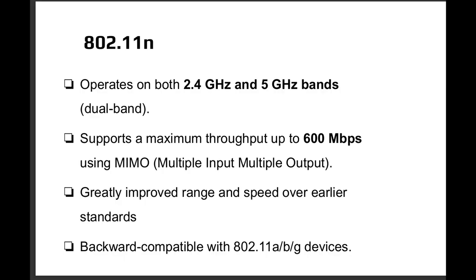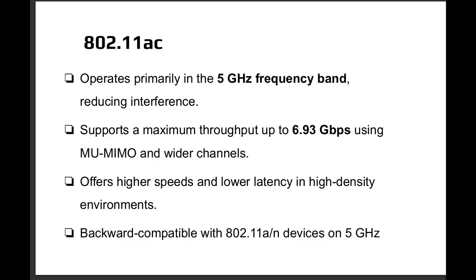The next standard is Wi-Fi 5, or 802.11ac. AC operates exclusively in the 5 gigahertz frequency band. It is primarily implemented in your enterprise environments, and expanded the capability of MIMO with multiple user MIMO, M-U-M-I-M-O, multiple user, multiple input, multiple output.